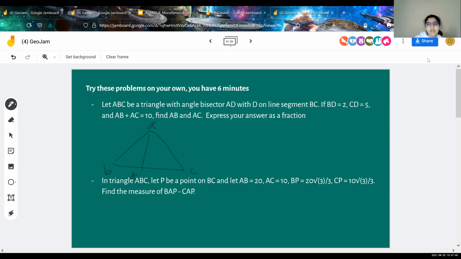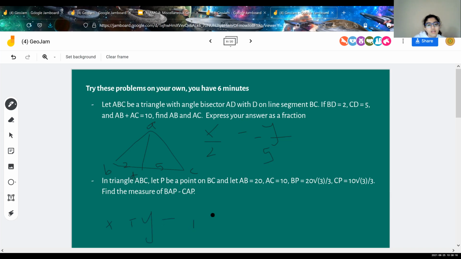If BD is equal to 2 and CD is equal to 5 and AB plus AC equals 10, find AB and AC. The first step that most people did was they set up the ratios. They said AB is equal to X, so X over 2 is equal to AC, which is Y, over 5, right? And then we know that X plus Y is equal to 10.